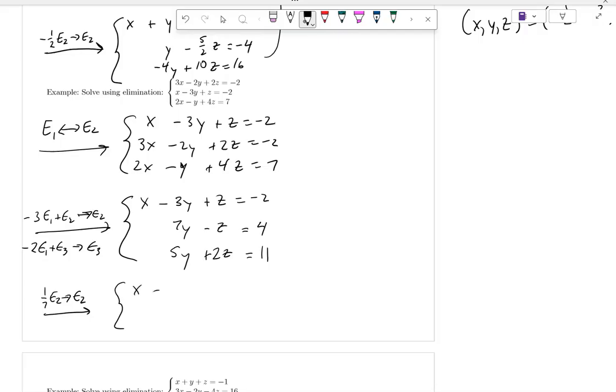So that doesn't change the first row or the first equation. In the second equation, we get y minus 1/7 z equals 4/7, and the third equation stays the same.